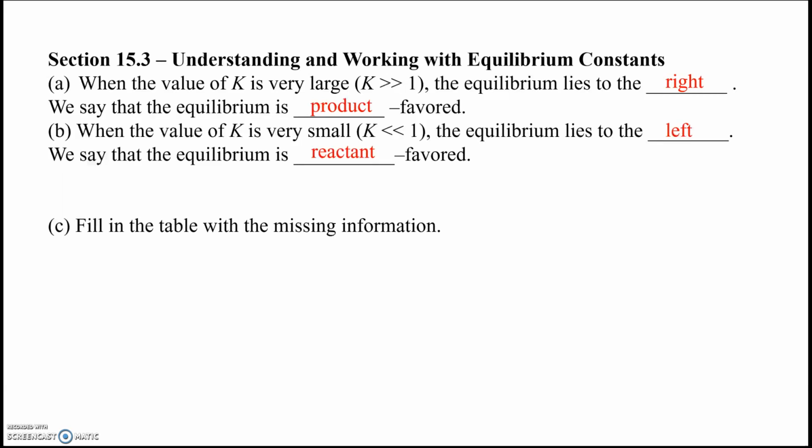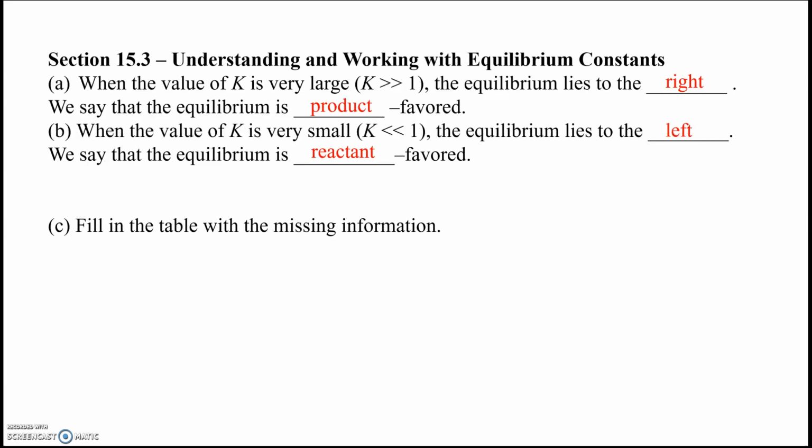When I look at my K, I'm looking at a ratio of products divided by reactants, or concentration of products divided by concentration of reactants. And when that ratio is very large, or very much greater than 1, I've essentially got all products and very little reactants left.